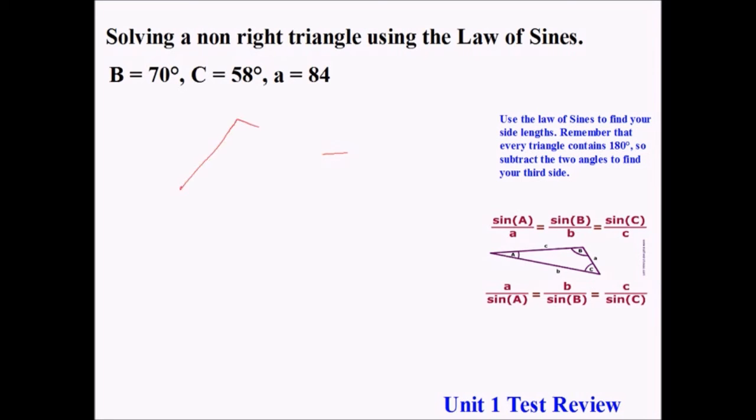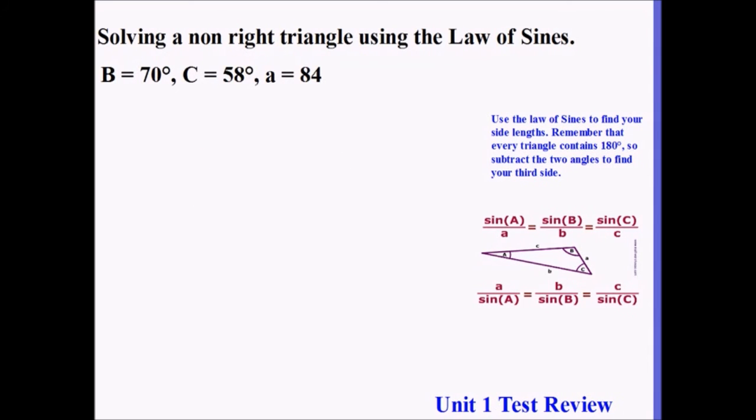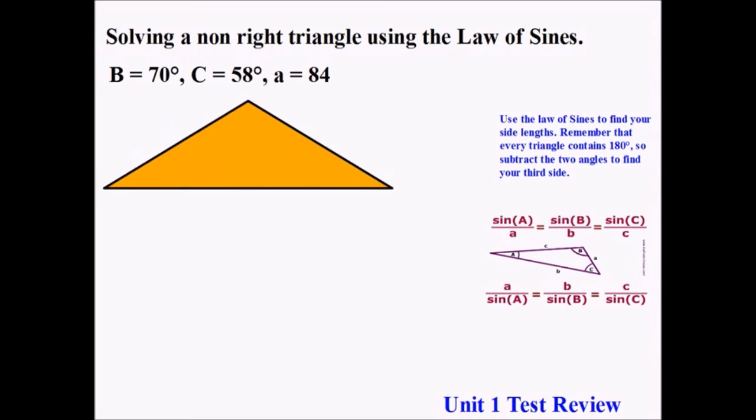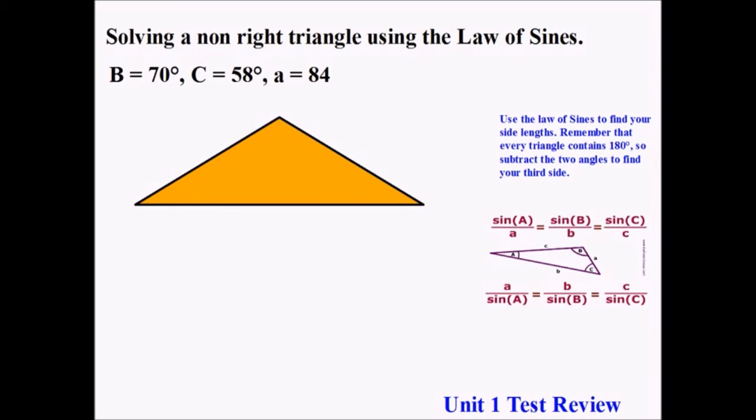Let's go ahead and mark off what we know. Let's call this A, B, C. It's not a right triangle, so we have no right angle.